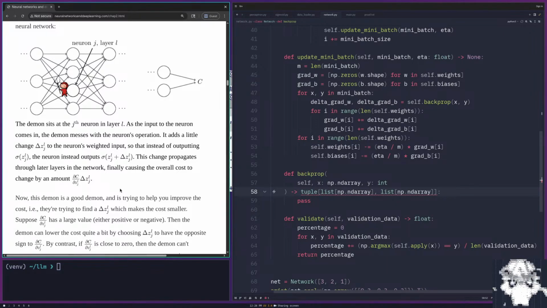It adds a little change, delta z^l_j, to the neuron's weighted input, so that instead of outputting sigma of z^l_j, the neuron instead outputs sigma of z^l_j plus delta z^l_j. This change propagates through the layers in the network, finally causing the overall cost to change by an amount, the derivative of C with respect to z^l_j times delta z^l_j.